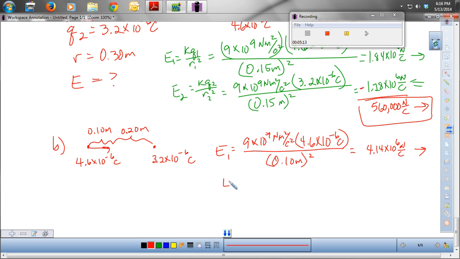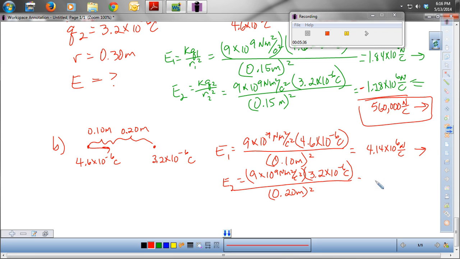And then I did E2, 9 times 10 to the 9th, 3.2 times 10 to the minus 6, and 0.20 meters squared.